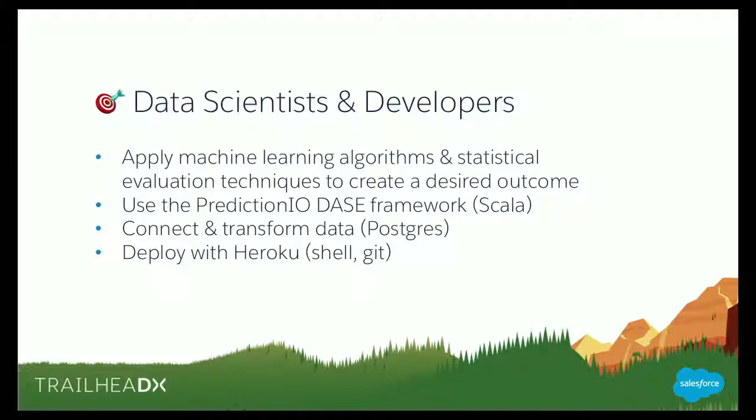Anytime you want to implement one of these engines against your Salesforce data, you'll still have to actually write a connector in order to take the data out of the Heroku Connect database and transform it into the format and the database schema that your given algorithm requires. And so this is going to be SQL focused using Postgres.